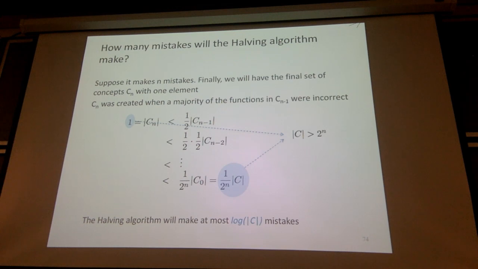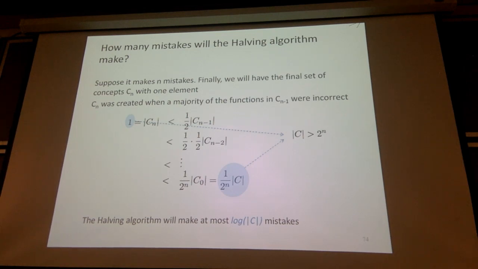Yes. So in the halving, for n equals 1, is it the entire set of functions that it gets rid of? Okay, so if it makes one mistake, is it for the entire functions or for every function in the set that it got rid of?